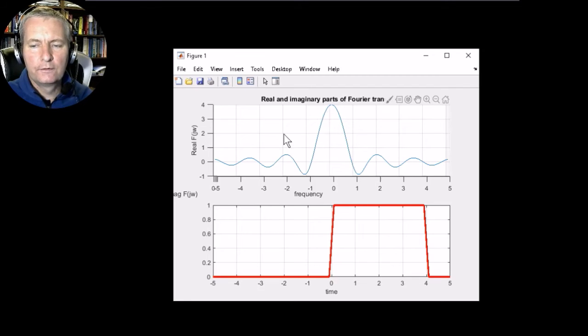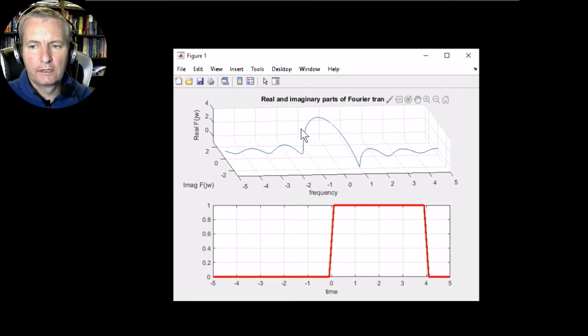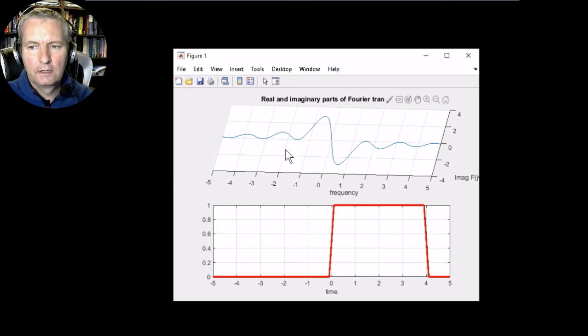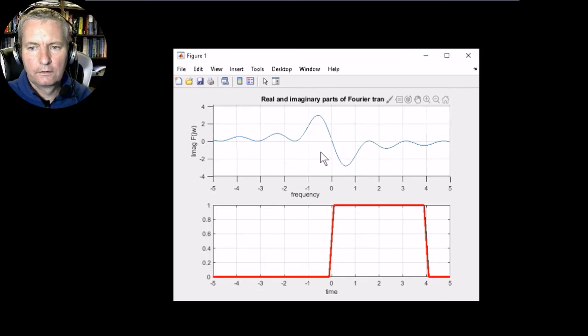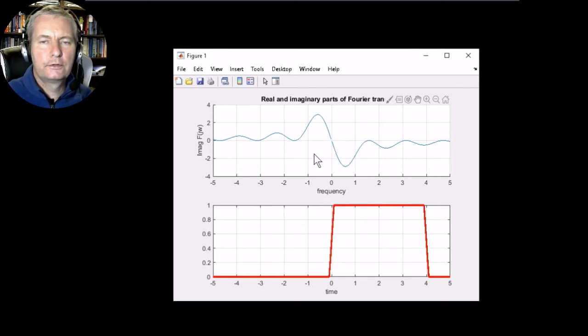Now I can also move it to the purely imaginary axis, and that's it shifted to the imaginary axis there. So it allows you to see how you can generate the real and imaginary parts from that 3-dimensional function.